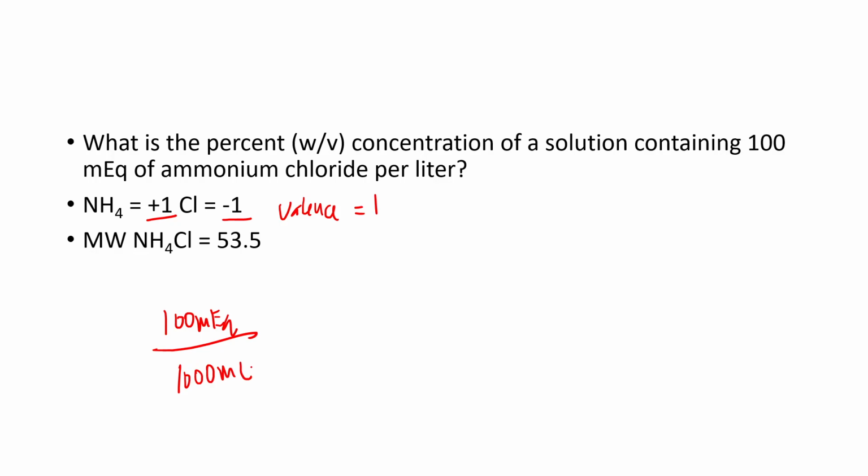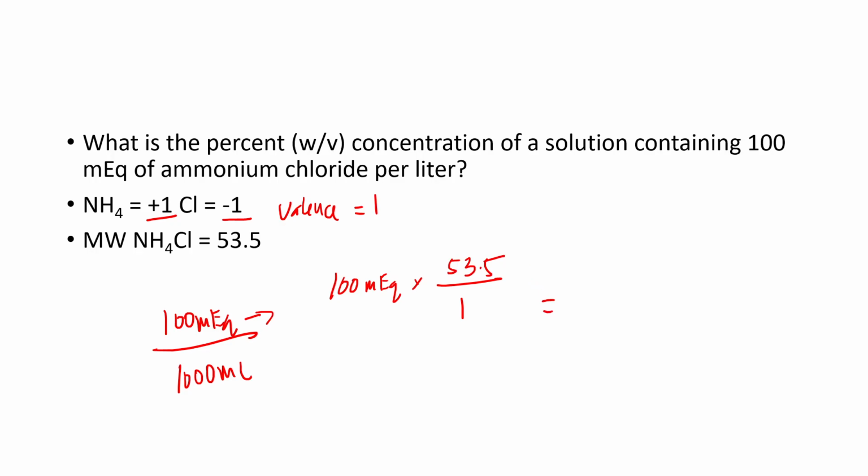All we have to do is to get the concentration, but this one is in milliequivalents. So let's convert MEQ to milligrams. 100 MEQ times valence, which is 1, multiplied by the molecular weight, which is 53.5, we would have milligrams.